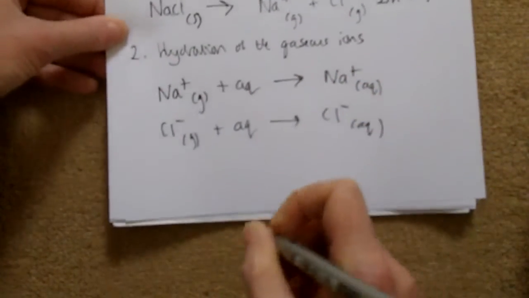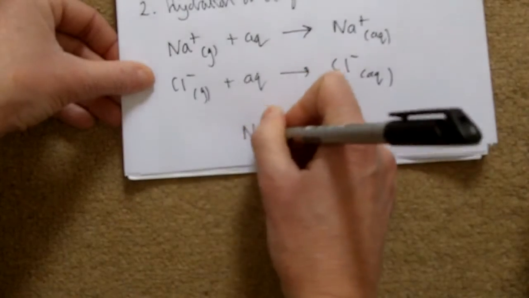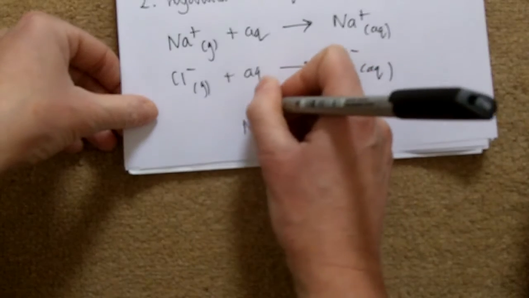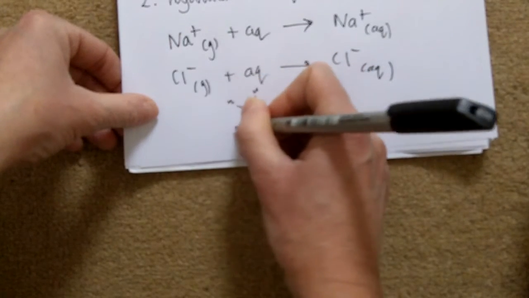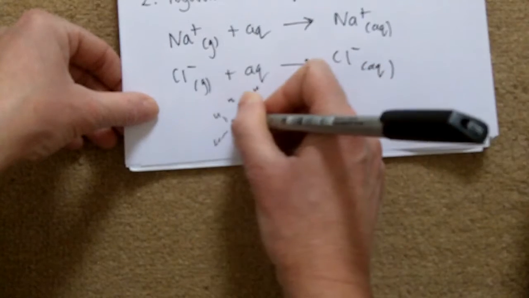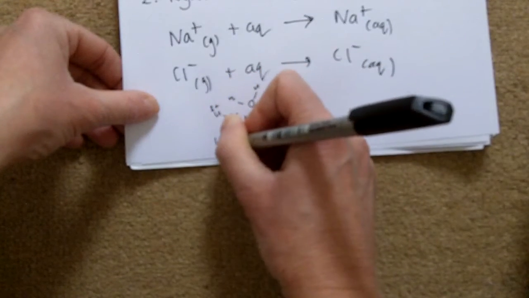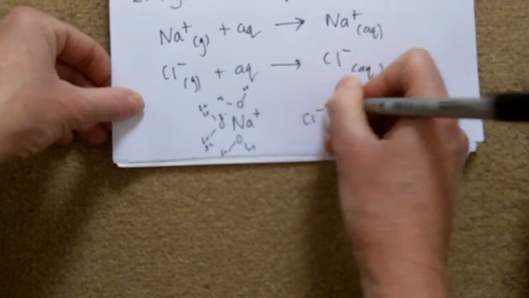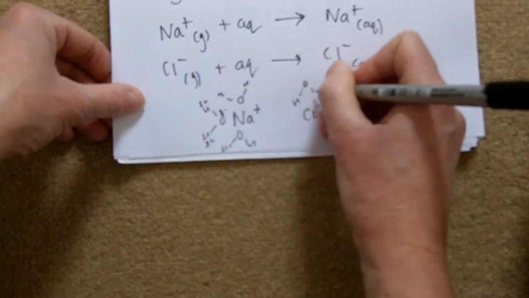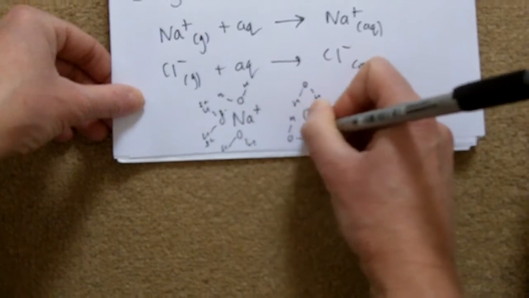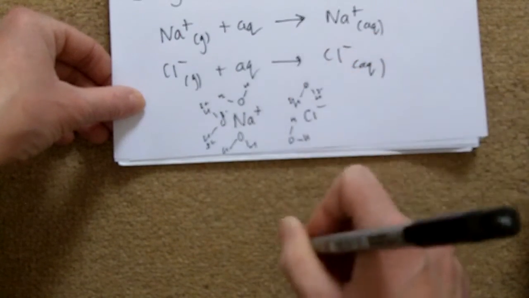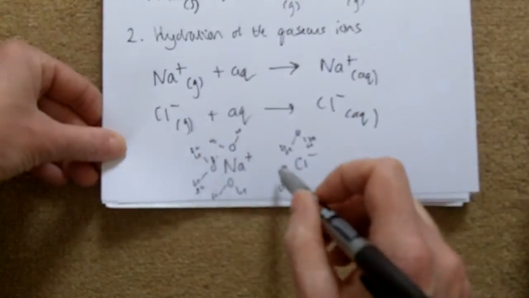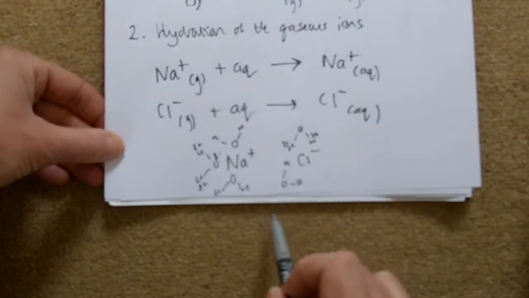Now this just means that if you've got an ion, for example your sodium ion, in water, it gets surrounded with water molecules. Yeah, but it'll be the negative end of the water molecules. And then the Cl minus ion will get surrounded with water molecules, but it'll be the positive end of the water molecules. And that's all that's happening in this step, yeah? The ions are being surrounded with water molecules.